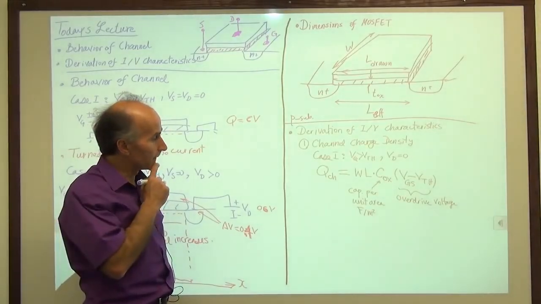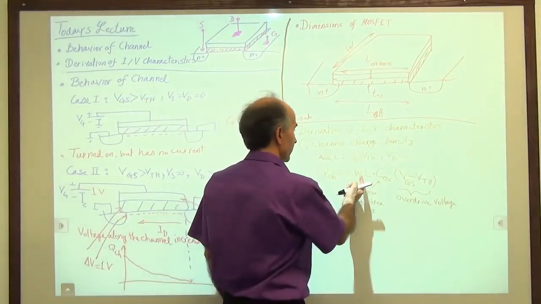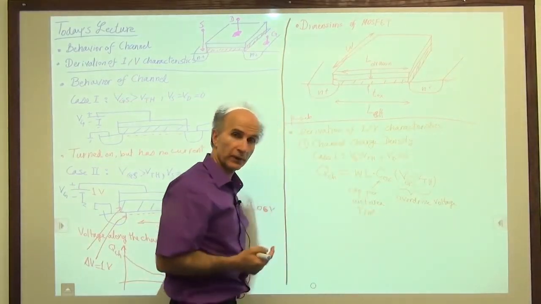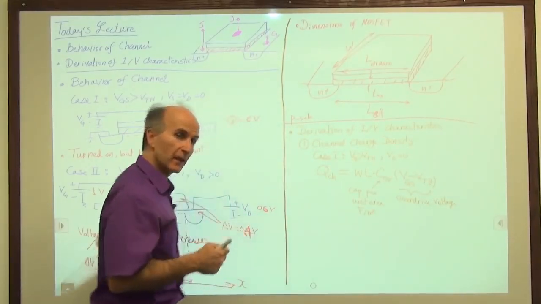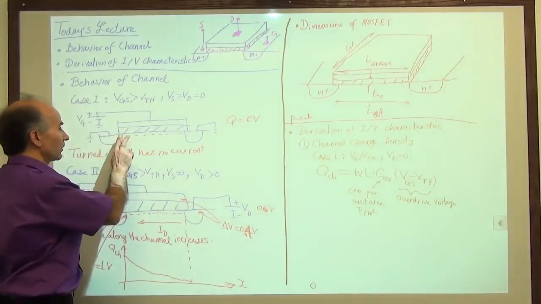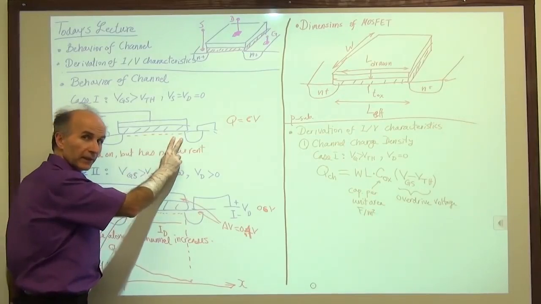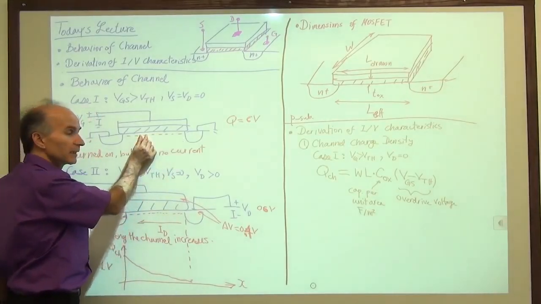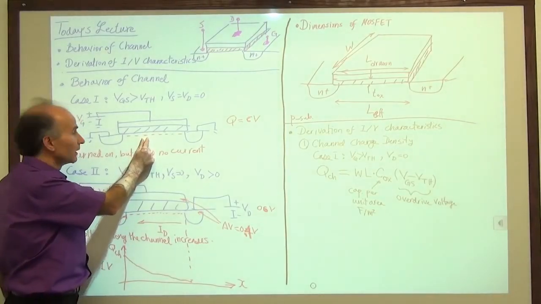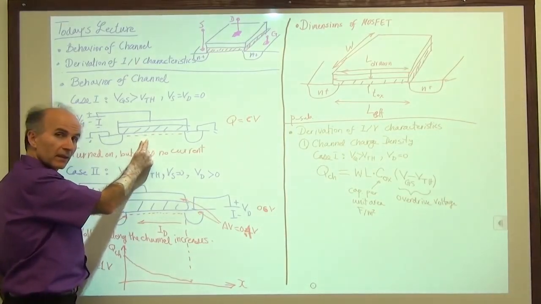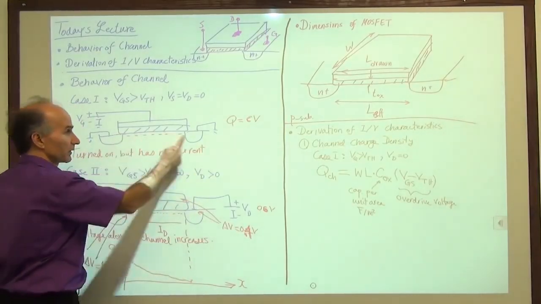Now can I make this a local quantity so that it becomes some sort of density? Because I am really interested in seeing how the channel charge is, how much it is here, how much it is here, etc. So if I take an infinitesimal length, a dx if you will, how much charge do I have there? So we'll divide this by L, because L is from here to here.